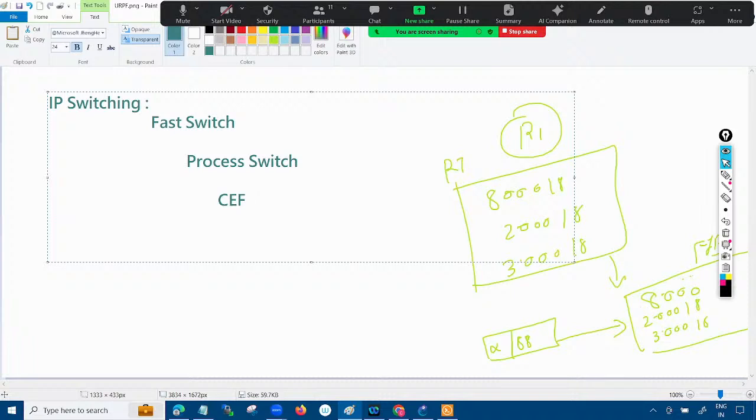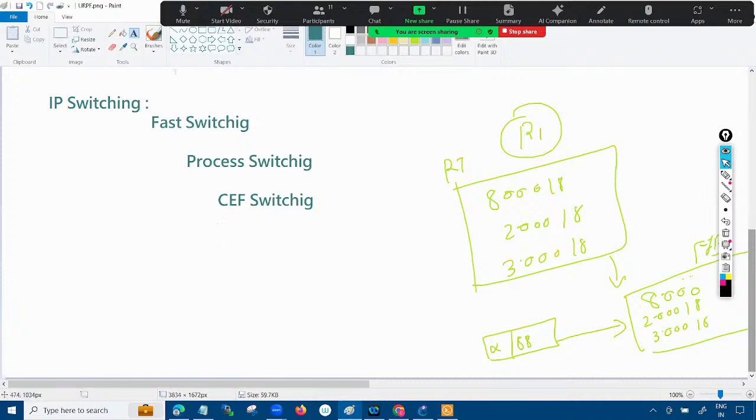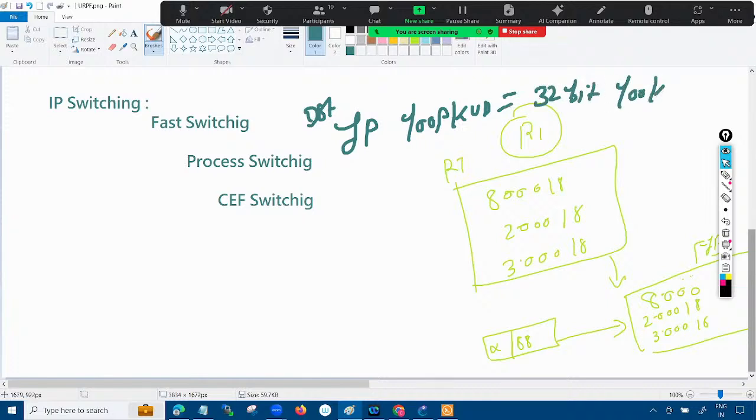The common problem of all these switching mechanisms is that they are just doing the IP lookup. Which IP lookup? The destination IP lookup. Which part of the destination? A 32-bit lookup. That's our first issue.